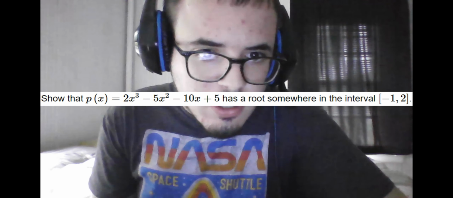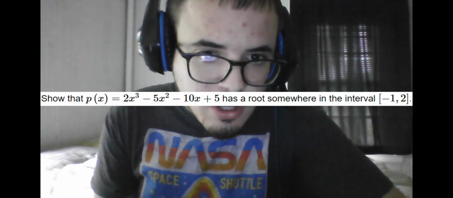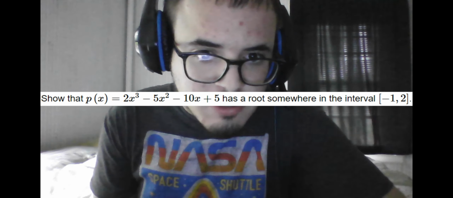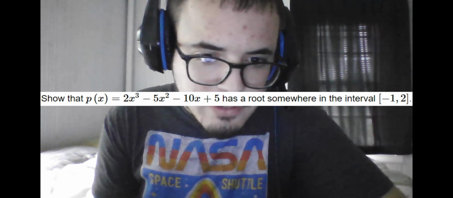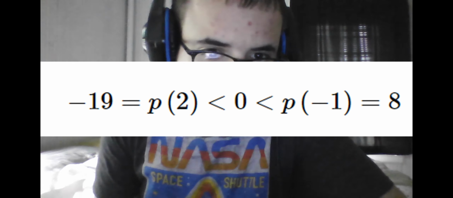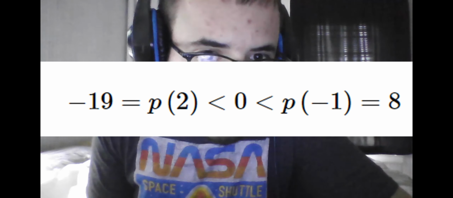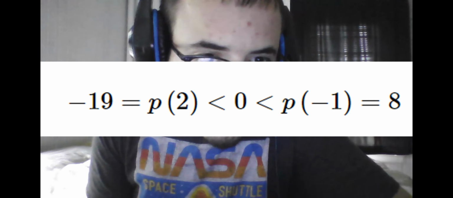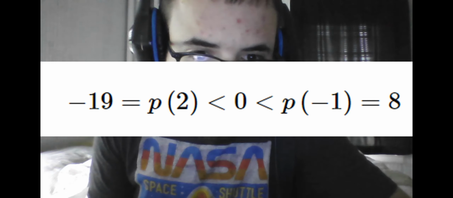For example, if we are given this function, the interval -1 to 2, and we want to show that it has at least one root, we would first compute the function at either end, and we can see that 0 is between these evaluations. And because we know the function is a polynomial, it is continuous everywhere, so it will be continuous regardless of the interval we pick.